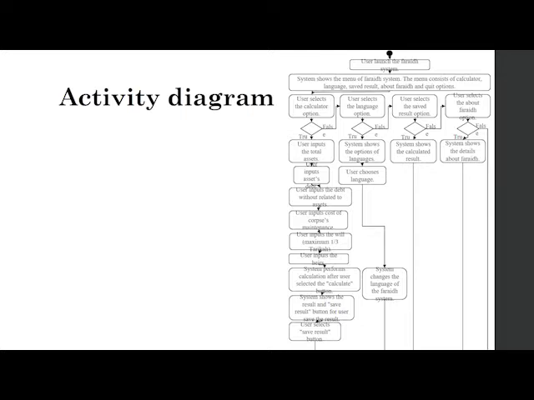The menu consists of many options, which are calculator, language, save result, about Faraid, and quit options. Thirdly, user selects what option he or she wants.